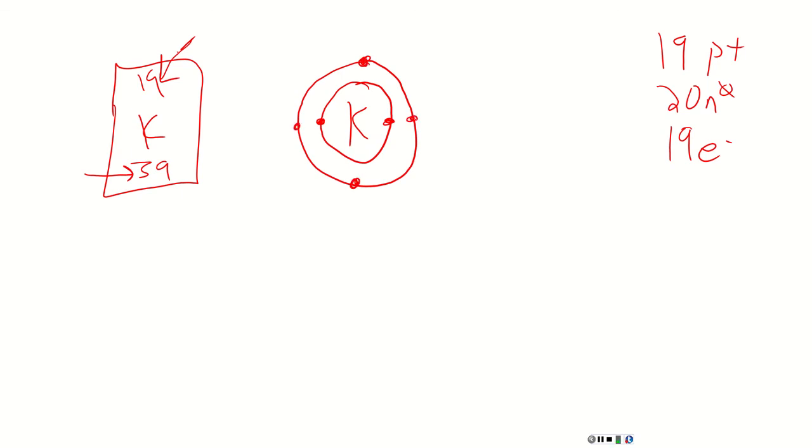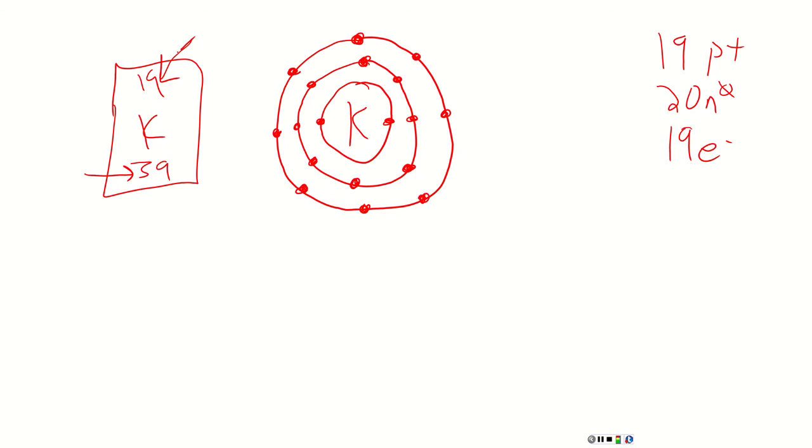It can have up to 8. All right, so now how many electrons have I drawn? I've drawn 10. I still have 9 more to go. So I have to add a third shell. Go ahead and add in the electrons. How many electrons can the third shell hold? 8.